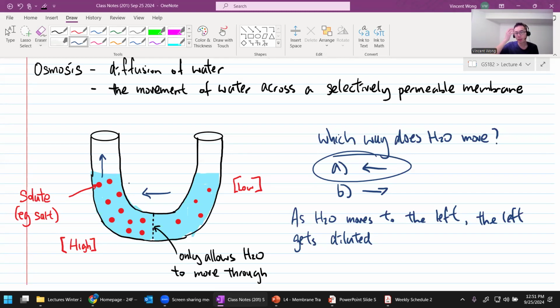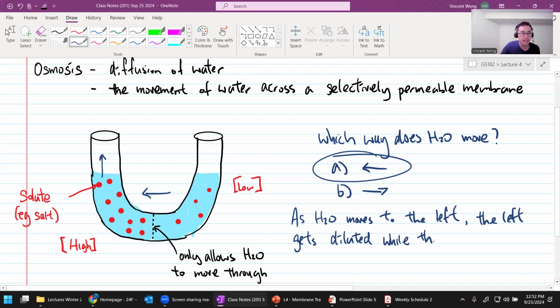Okay? If you're having trouble understanding this concept of dilution, think of some kind of orange juice. If it's too sweet, you can add more water, and it becomes less sweet, right? It becomes more diluted.